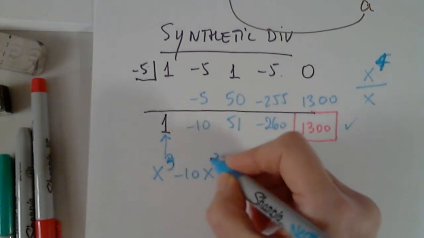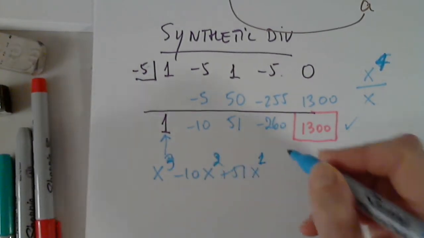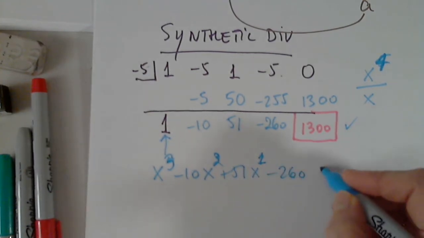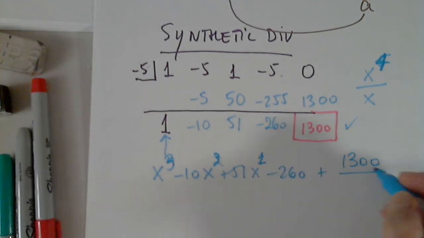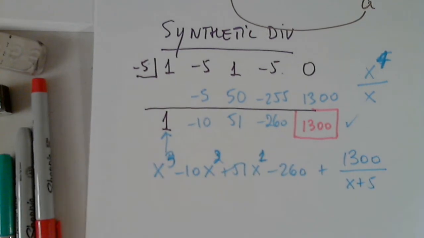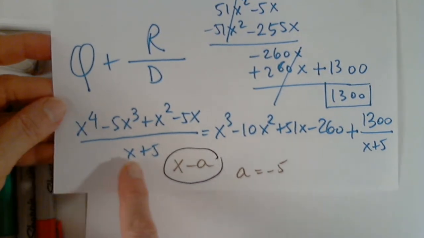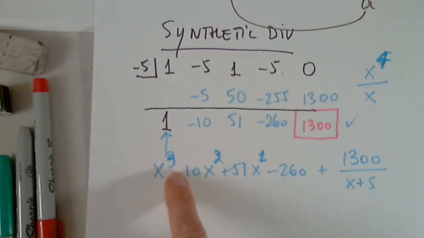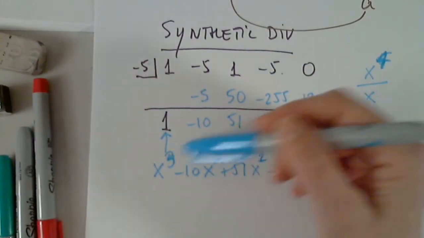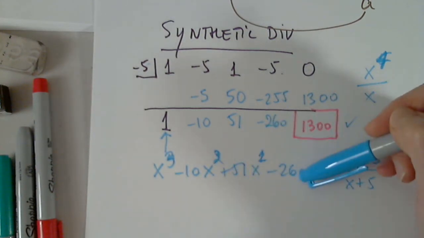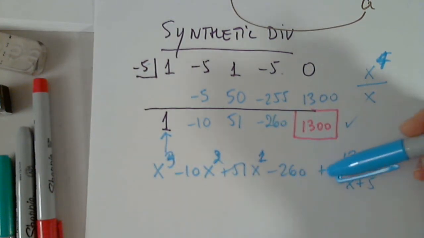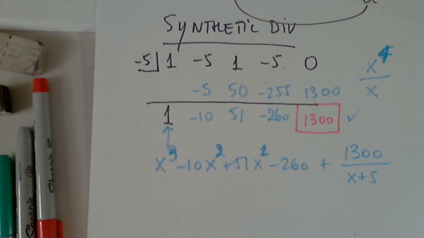Okay, so 3 and 2 and 1, I don't have to write it, minus 260 plus 1300 over x plus 5. I took my paper away. So it was degree 4. When I divide degree 4 by degree 1, I always get degree 3, and it makes sense. Degree 3, degree 2, degree 1, degree 0, plus remainder over the divisor.